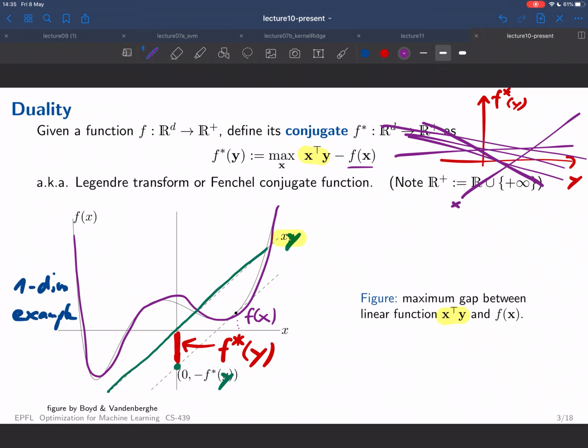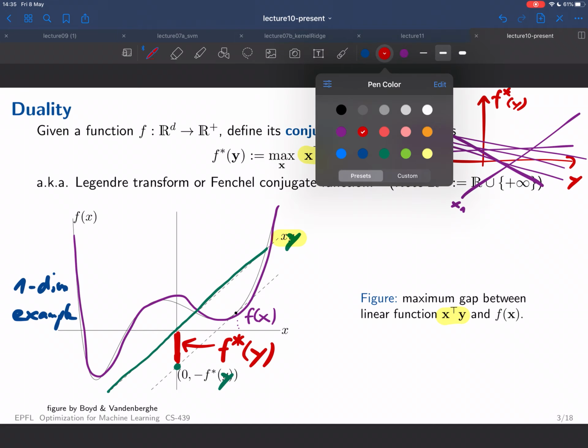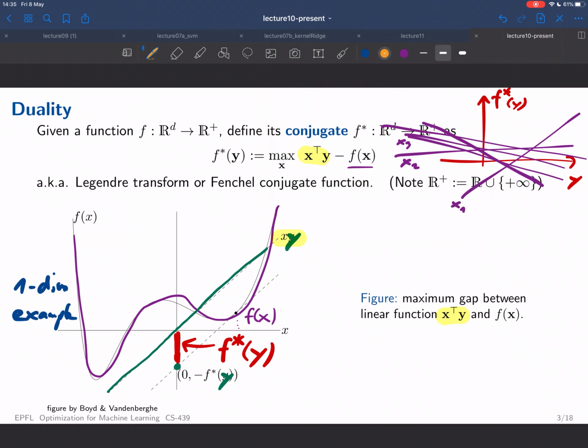Each of these purple lines corresponds to a particular x. You have infinitely many of these x's, but it's not going to matter for our argument here. What we have is the maximum of all these functions; this is called the upper envelope of all these lines.